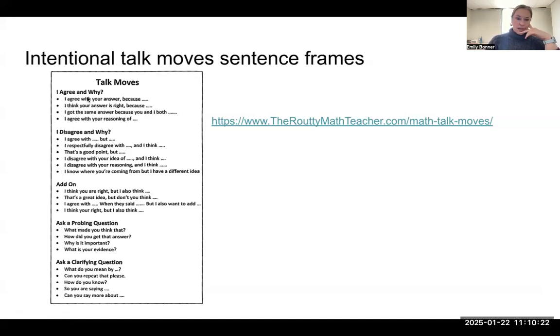Students can say, I agree because, and they can provide justification. This can help students construct their contribution to the discussion. If they're nervous and don't know what to say, this is a good thing to provide them with, and you can even have it up in the classroom. Does anybody want to add on? And then they have ways to frame that. So just another good resource.